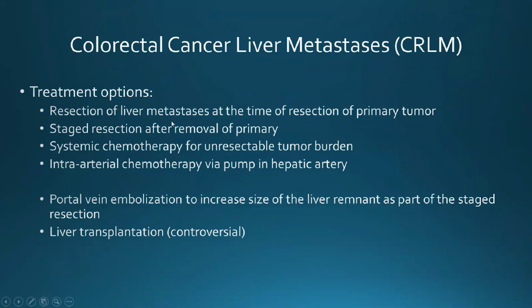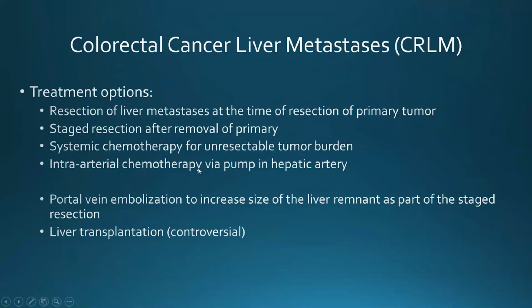Some groups also resect the tumor in the liver, then put the patient on extensive chemotherapy, and then go and remove the primary tumor. But again, systemic chemotherapy is only for unresectable tumor burden.